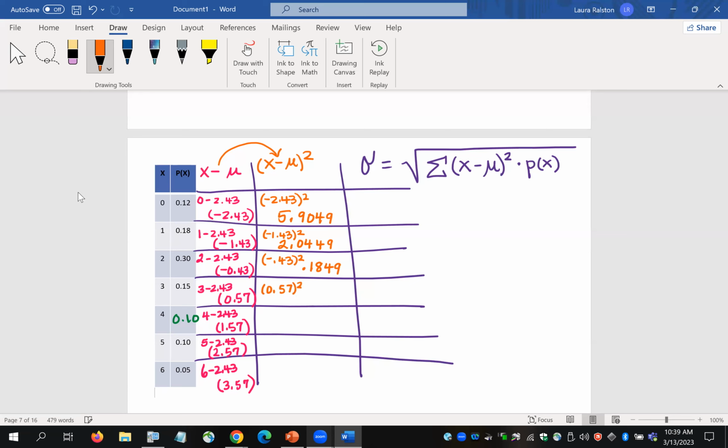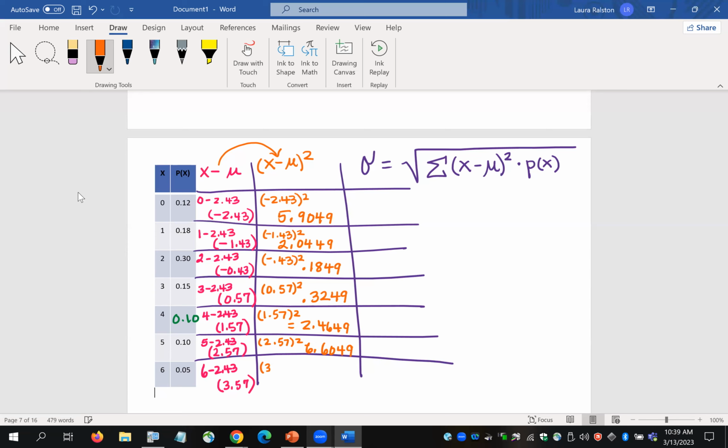0.57 squared is 0.3249. 1.57 squared is 2.4649. 2.57 squared is 6.6049.